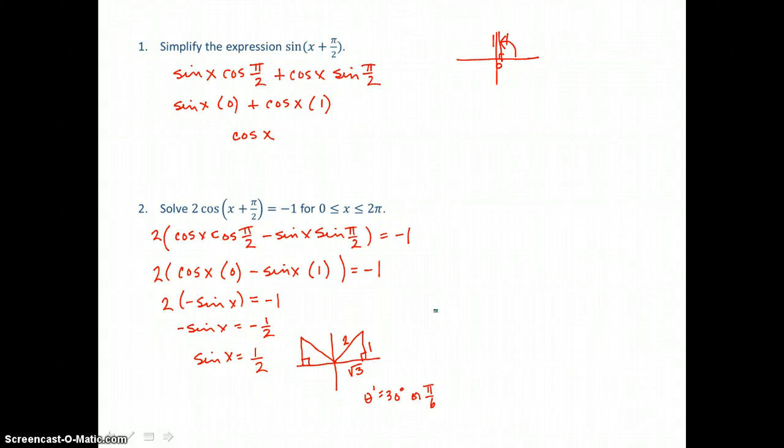So now I can solve for x and name that first terminal side in the first quadrant pi over 6 radians, or that terminal side in the second quadrant. Since my reference angle is pi over 6, I would go 6, 6 and back up a 6. So to name that terminal side, it's 5/6 pi in the second quadrant. So those are my solutions for x in this equation.